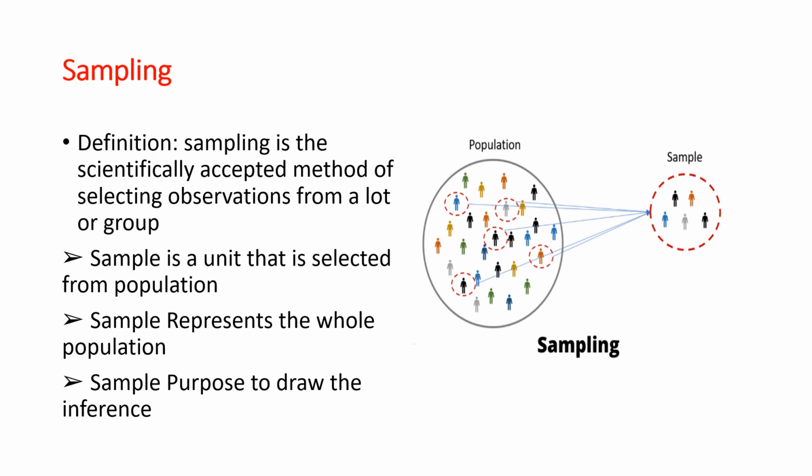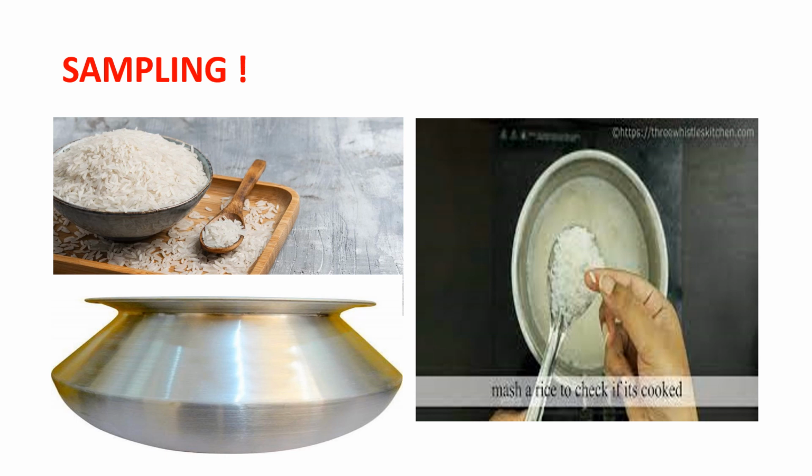That is looking at a small portion of the entire population. And the sample should be such that it represents the whole population. Its purpose is that through studying that smaller population, you can draw an inference which you can generalize on the rest of the population. So let's try to understand in an even simpler way.